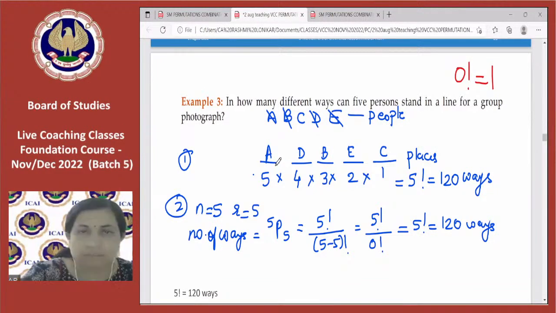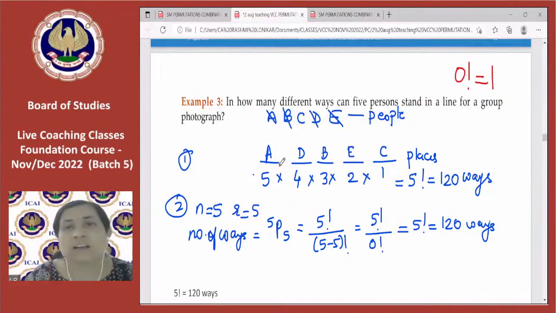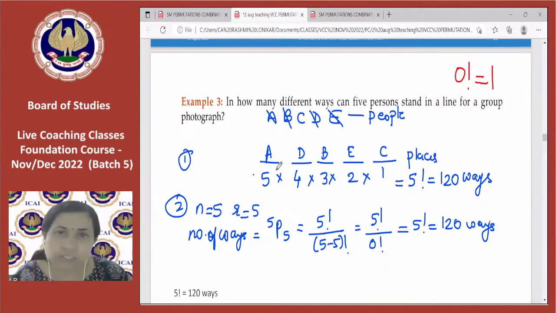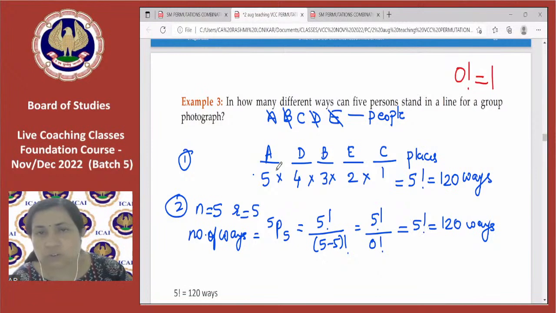So I write 5. Then for the next place, there are 4 people available, so I multiply by 4. Next place, there are 3 people available to occupy it. So 3, next 2, and next 1. The answer you will always get is the same. Whichever method you are comfortable with, you can use that. So 5 people can stand in a line in 5P5 ways, which is equal to 5 factorial ways.